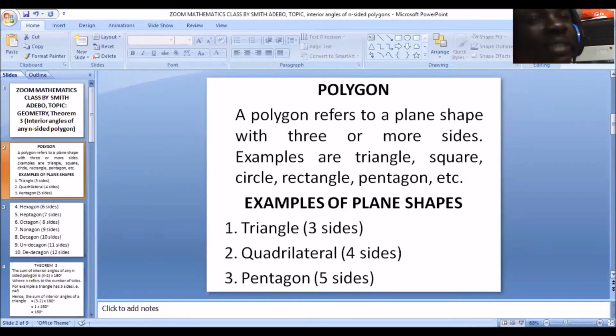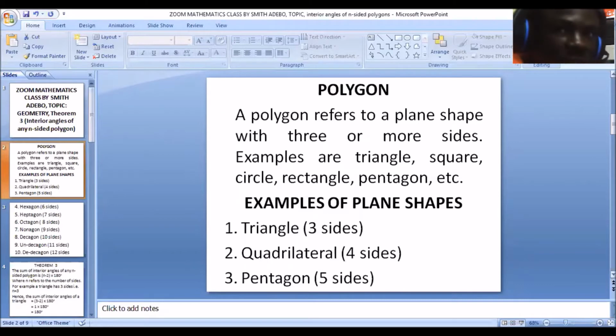Now, we have plane shapes and we have solid shapes. Plane shapes are shapes that do not have a hollow. What I mean is that it cannot contain any content in it. It does not have an inside. Due to the structure of a plane shape, you cannot find the volume of a plane shape.